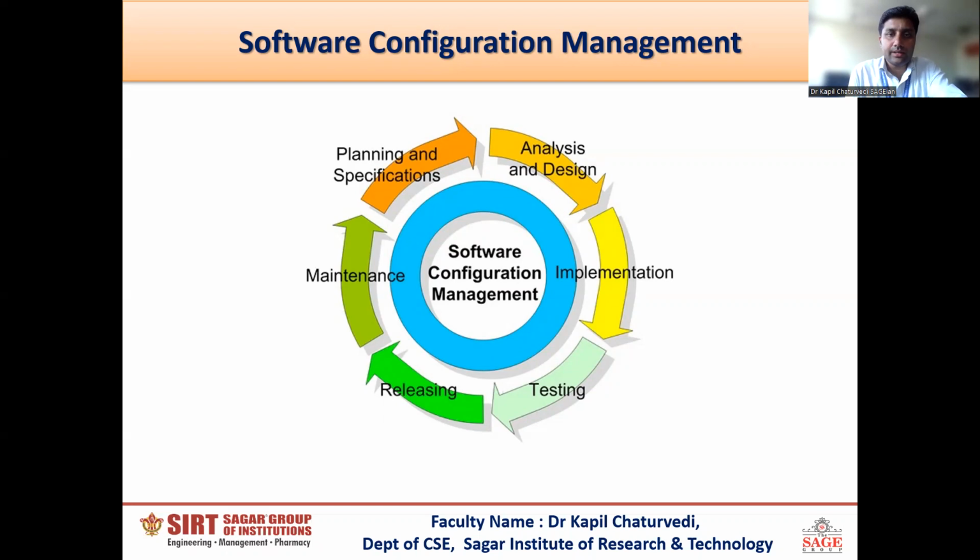Similarly, here we focus on planning and specification, analysis and design, implementation, testing, release and maintenance. In the whole process, we have to keep in mind what configuration is required, so that you can easily manage what hardware or related tools configuration you require to implement a software.